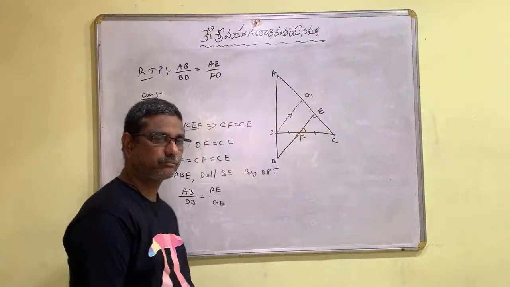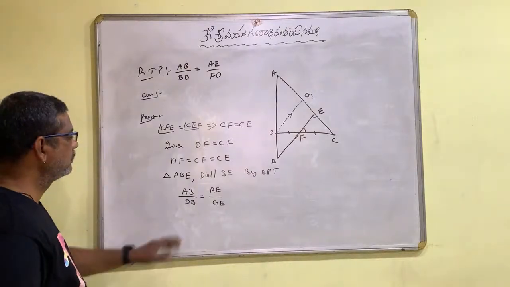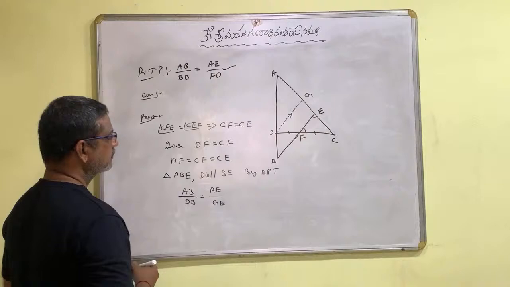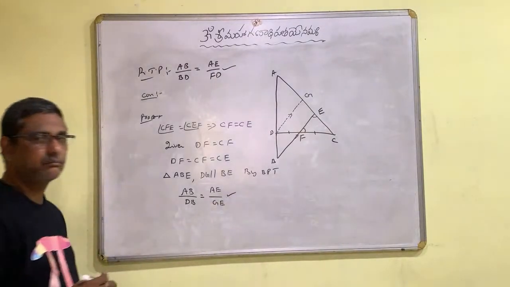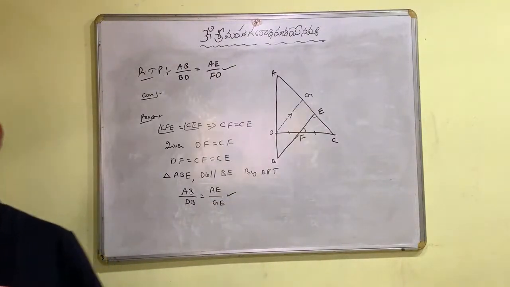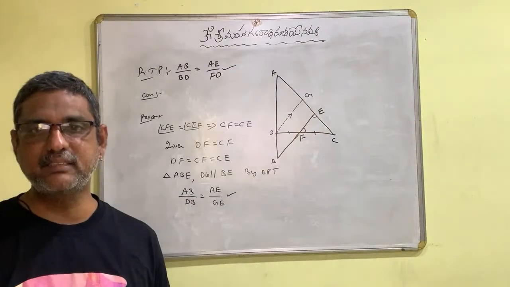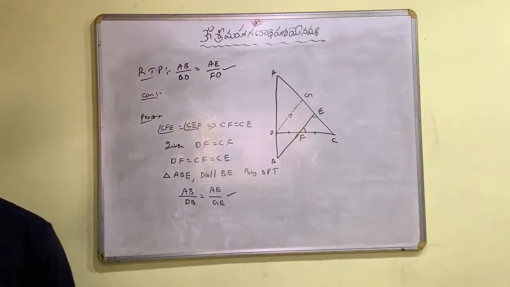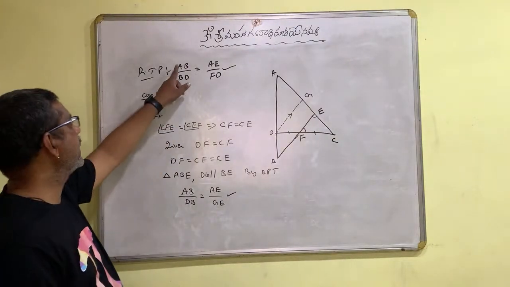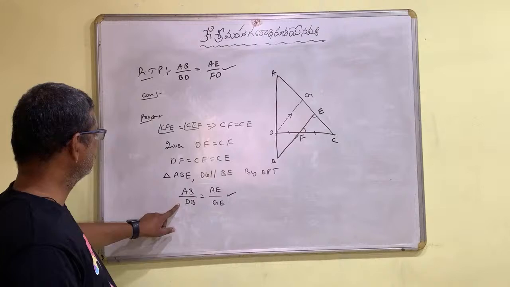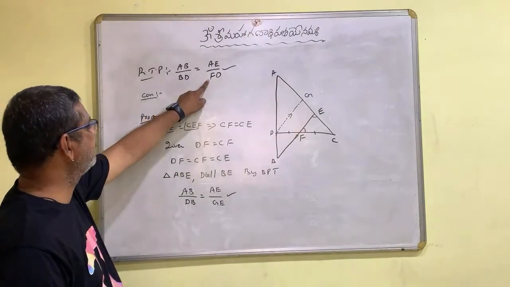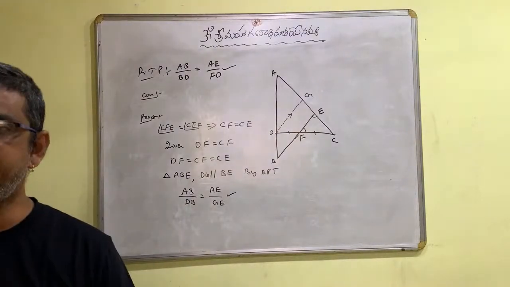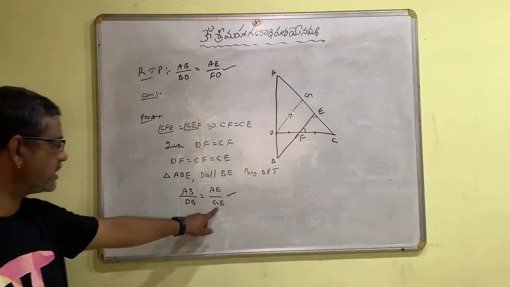Now, see, we need to prove this. We got this one. I think 90% of the answer we got. Is that right, children? We have to prove AB by BD equal to AE by FD, but we got AE by GE.